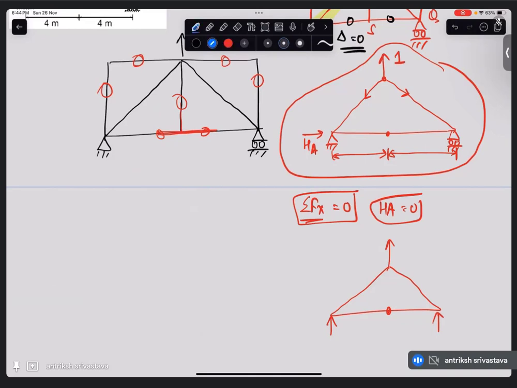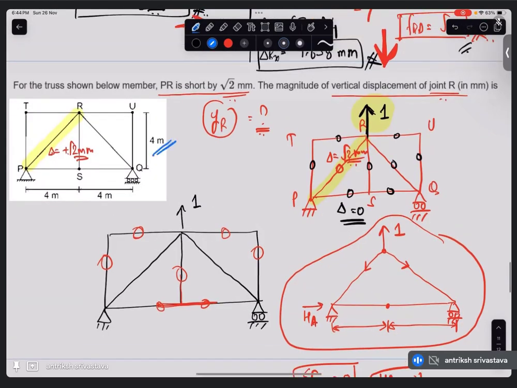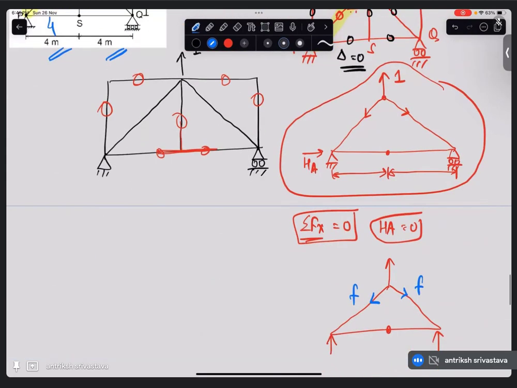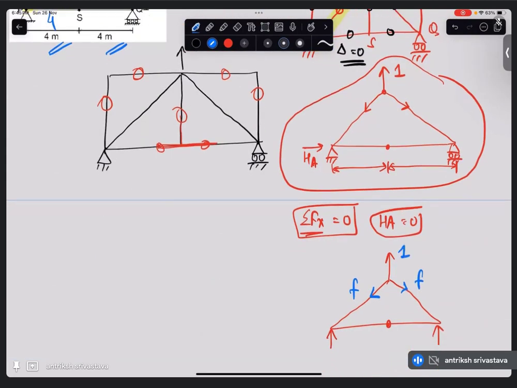What can we use that for? We can say that both the forces are going to be F. And from this particular figure, we have seen that this is 4 and this is 4. That means this angle is 45 degrees, right? So for this one unit load that we applied, if we do sigma Fy equal to 0 at point R, we will have 1 equal to 2F cos 45, right?